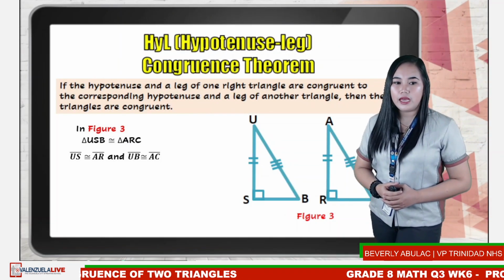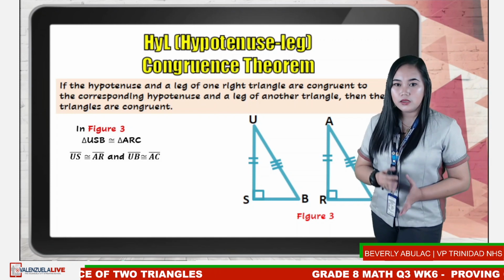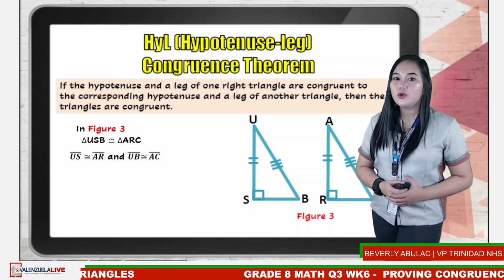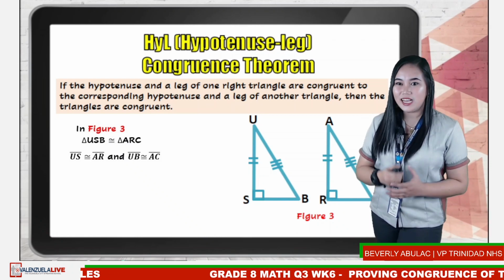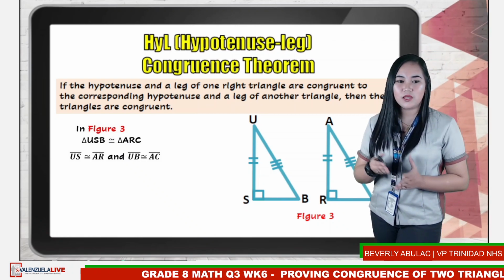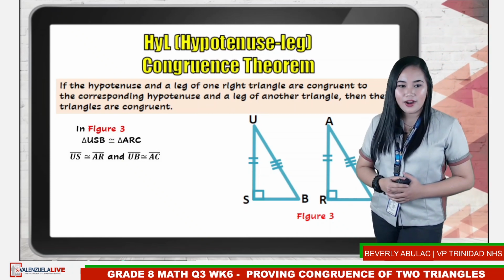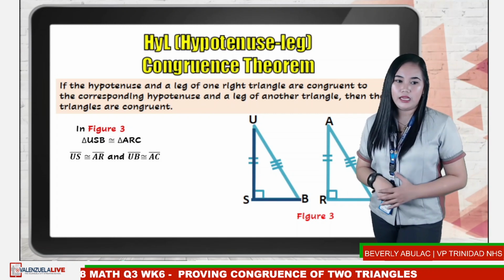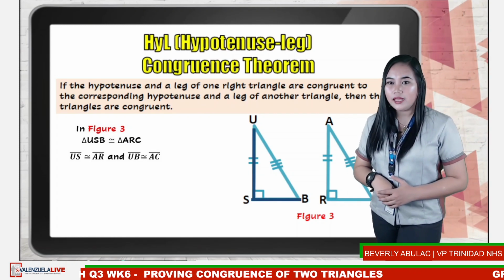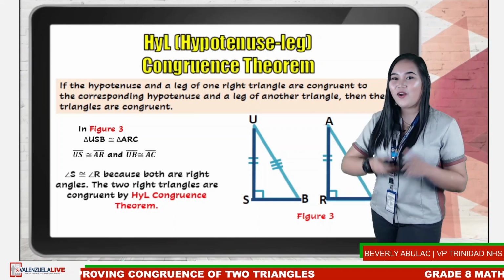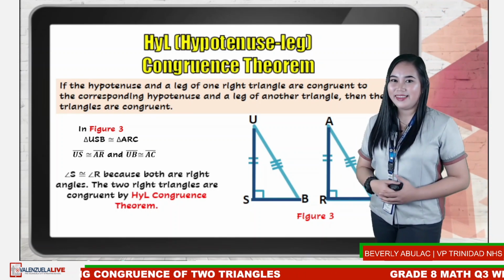Segment US is congruent to segment AR, and segment UB is congruent to segment AC as marked. Angle S is congruent to angle R because both are right angles. So the 2 right triangles are congruent by HYL congruence theorem.